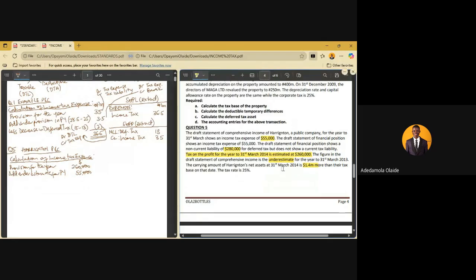So we need to calculate their deferred tax as at the year end, 31 March 2014. Since they've given us the difference, deferred tax will be 25%, the tax rate, times that difference of 1.4 million. That should give us 350,000, abi?